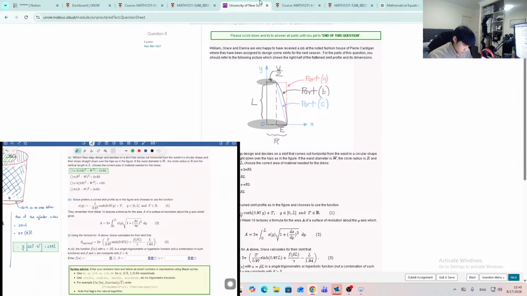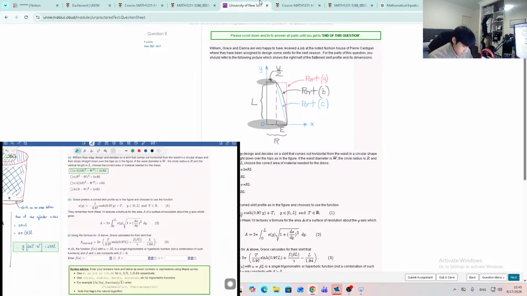That's fine. Using the formula above, she's going to kind of flip this sketch over, and she wants to probably have a formula over the revolution of the x-axis, which is that, okay?